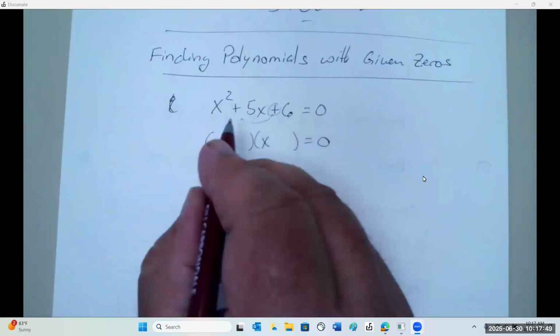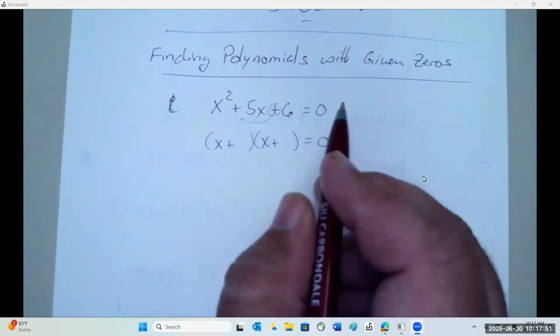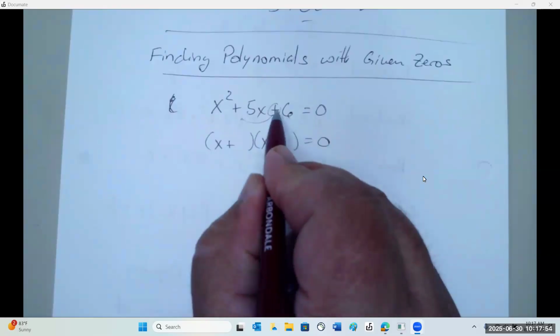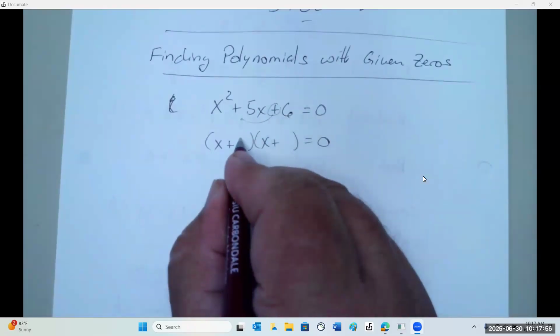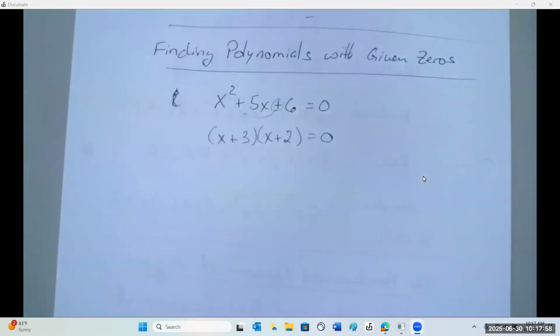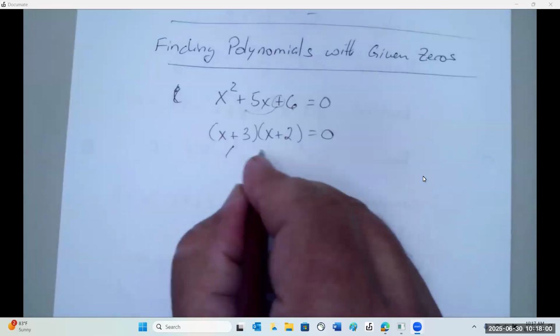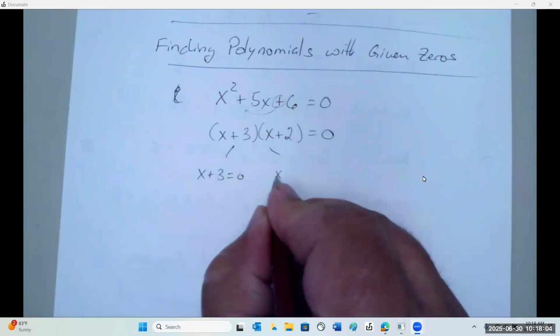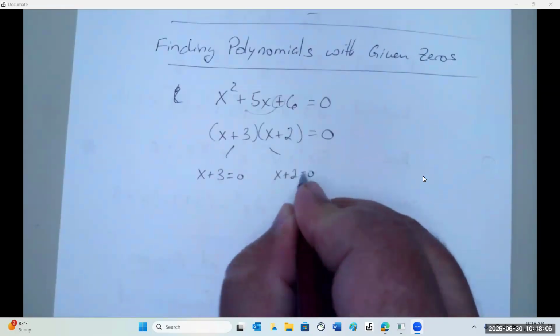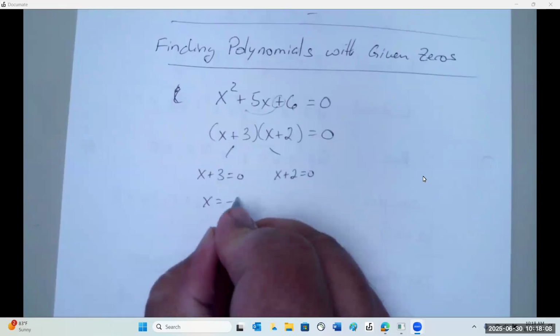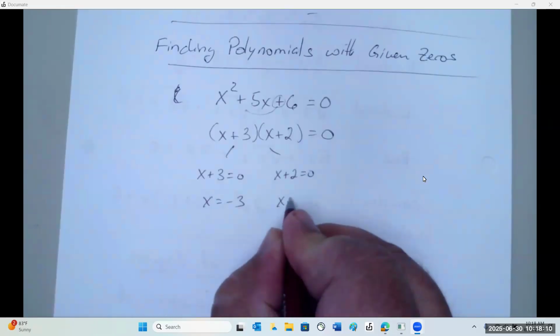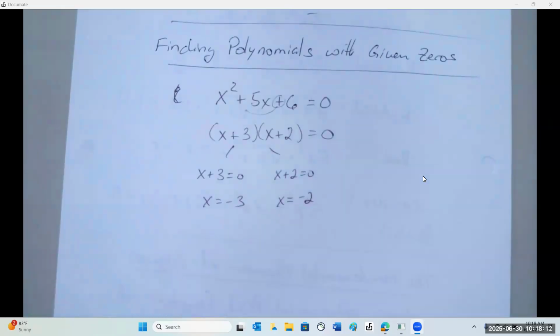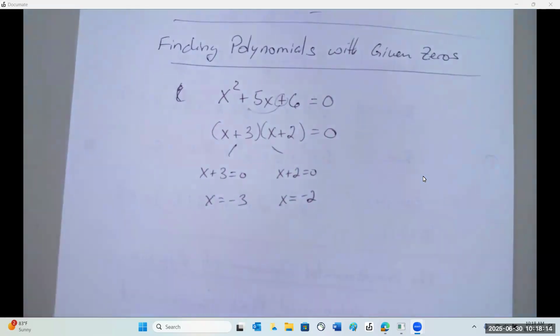They're both positive. What times what is 6 when you add them you get 5? 3 and 2. Then we take both of these, set them equal to 0, and solve. So far, so good. The stuff we've been doing all along.